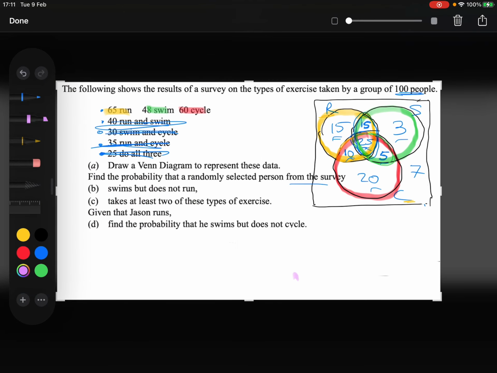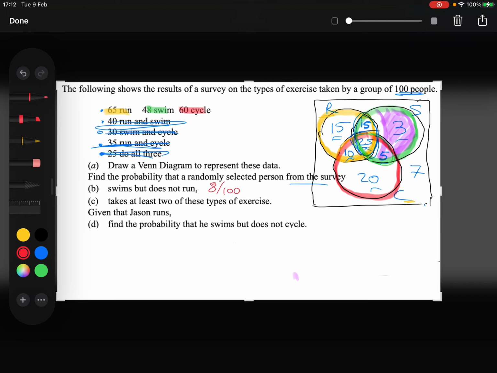So swim but doesn't run, that's all of this over here. These people swim, but they are not in this running category here. So we can see that there are 8 people in that category. The 3 and the 5 make 8. So there's 8 people that swim but do not run. So there is an 8 in 100 probability.